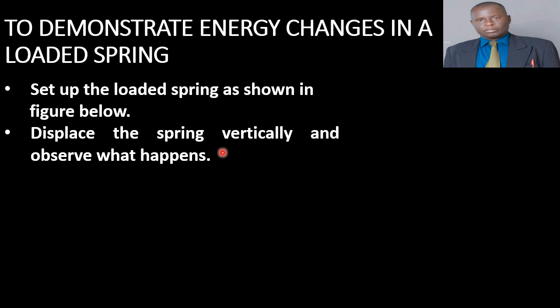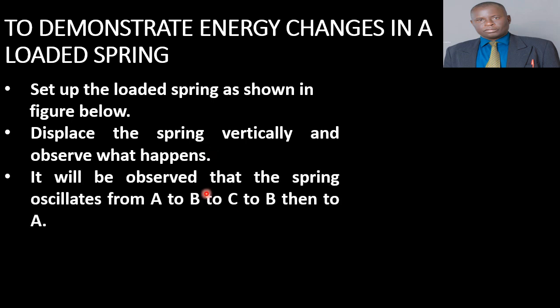You displace the spring vertically, meaning from top to bottom, along the vertical path. You just hold it and pull it down, giving it that kind of amplitude. In other words, you increase its length.